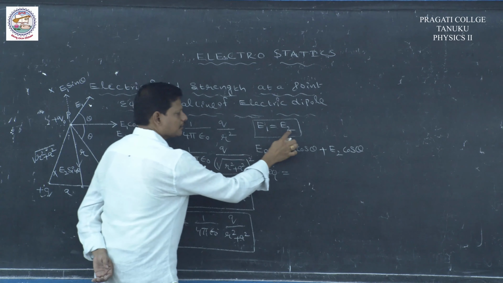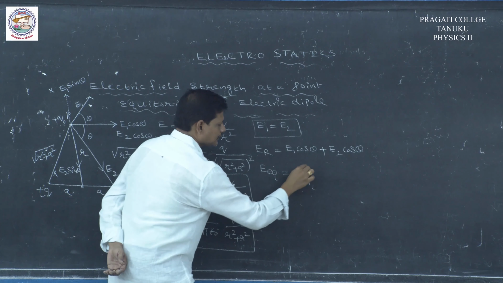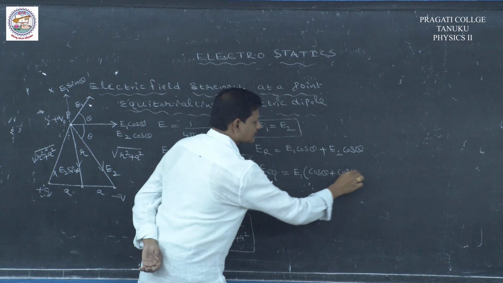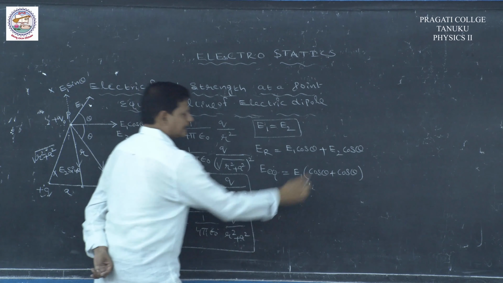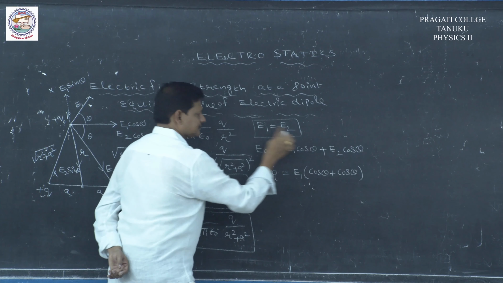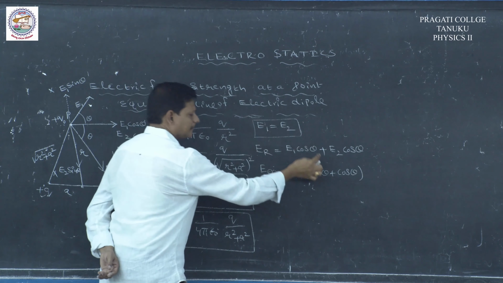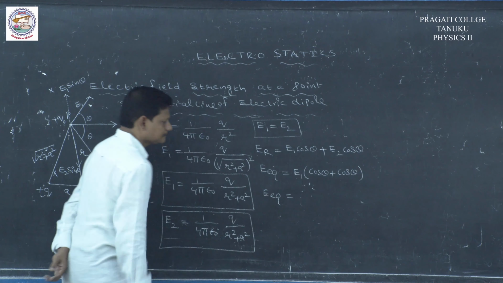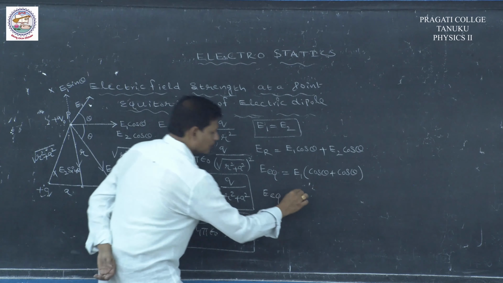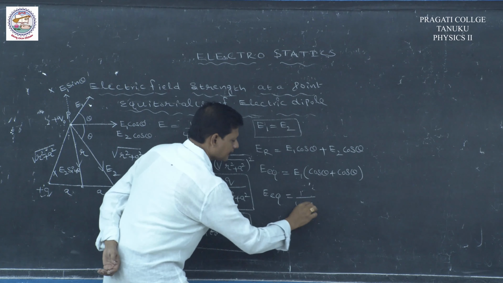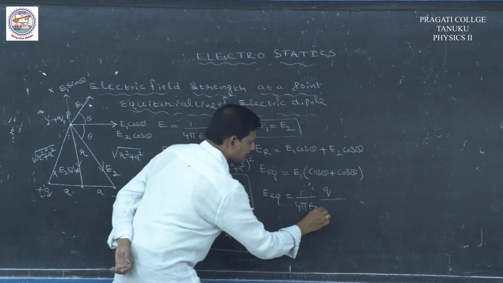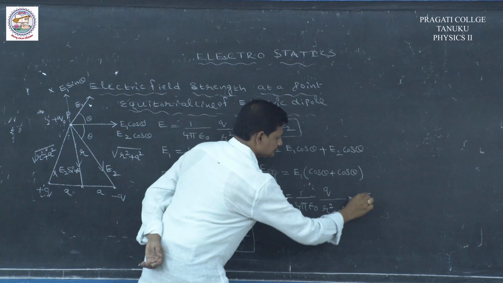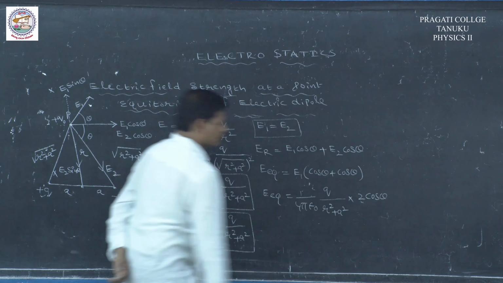Since E1 is equal to E2, in the place of E2 we can substitute E1, and by taking the common factor, E equatorial is equal to E1 times 2 cos theta, that is, 1 by 4 pi epsilon naught, q by r square plus a square, into 2 cos theta.